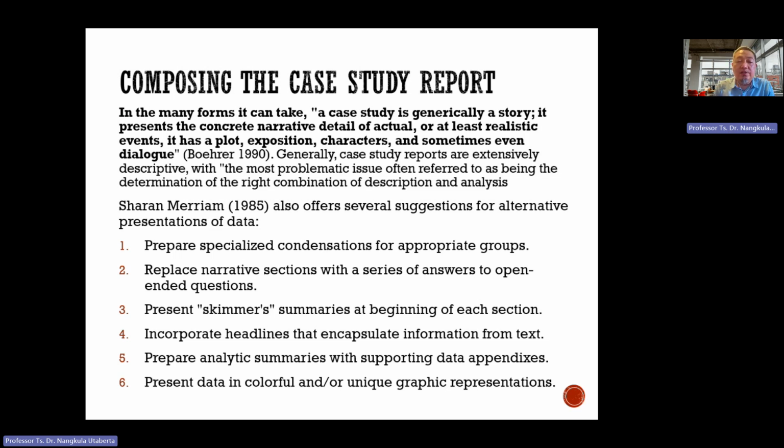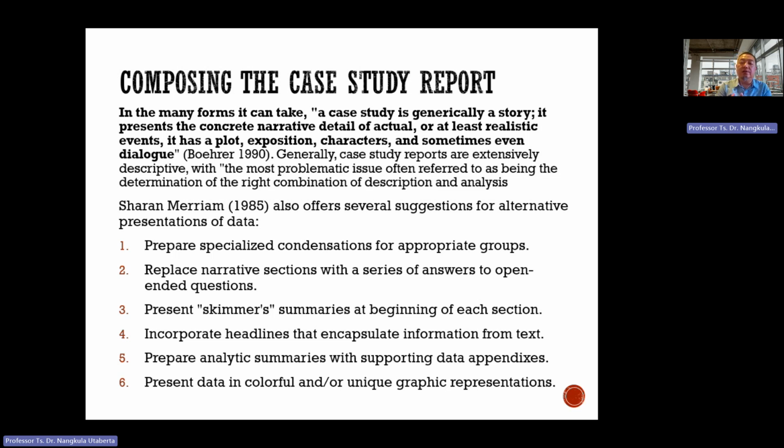Sharan Merriam in 1988 also offers 7 suggestions for alternative processes of data. You can prepare specialized condensation. You can replace narrative sections, answers to open-ended questions, schemas, summaries. You can incorporate headlines, analytical summaries and other things, data in colorful, unique graphic presentations.